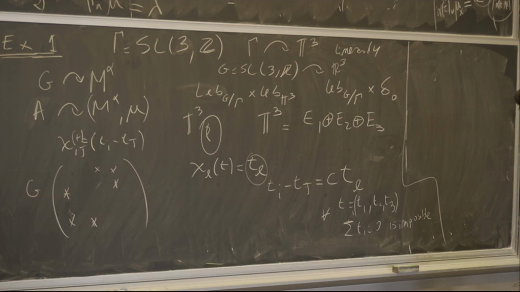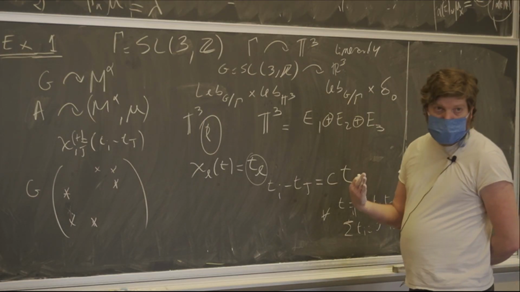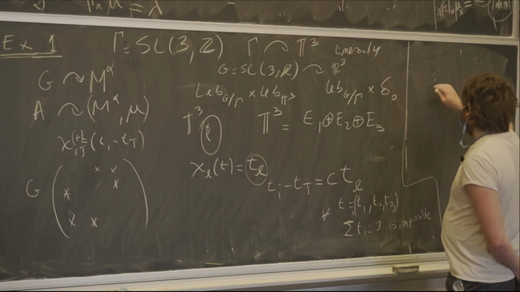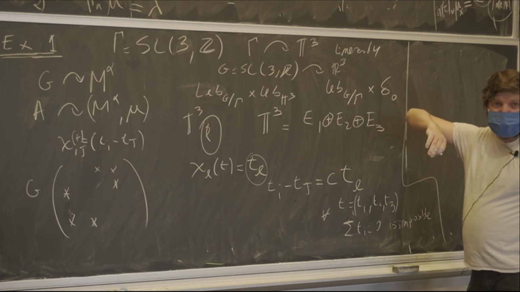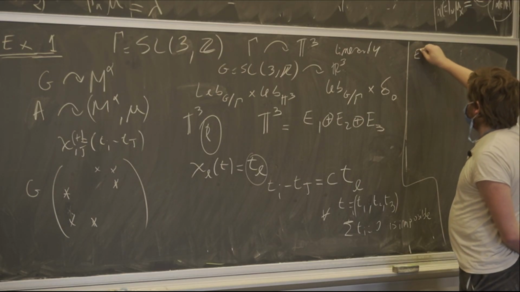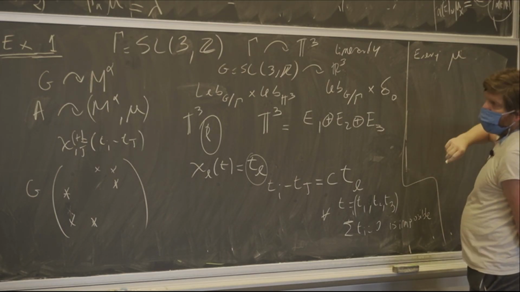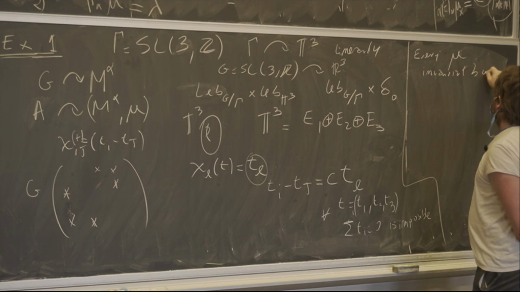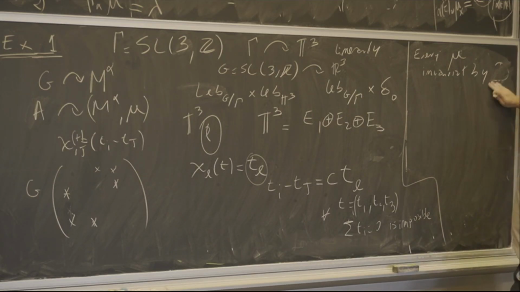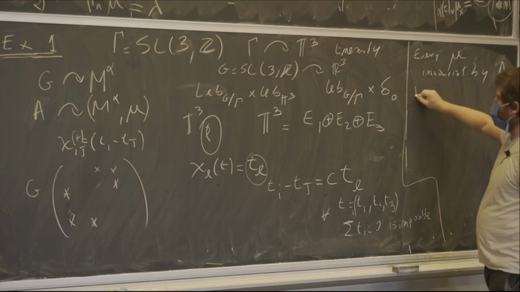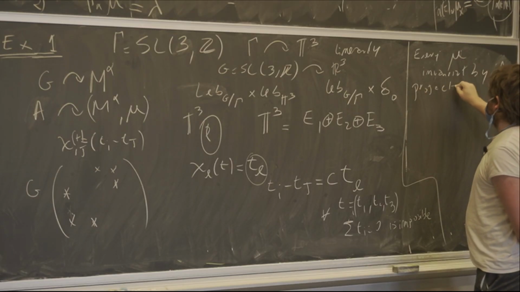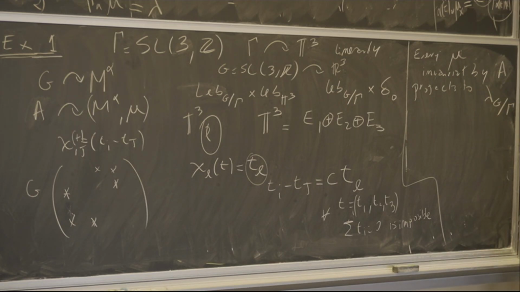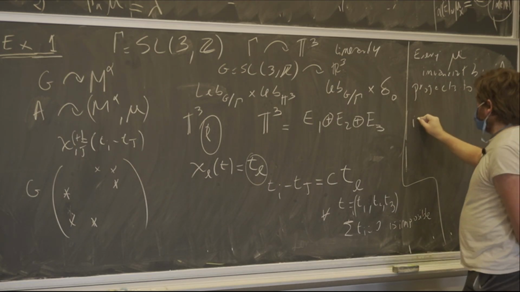So it means that every measure, so you see what is the corollary now, every measure, doesn't matter which. And from there, here we can make even the full classification. So it means that every measure mu that is invariant by A, sorry, and projects to Lebesgue on G mod gamma is fully G invariant.